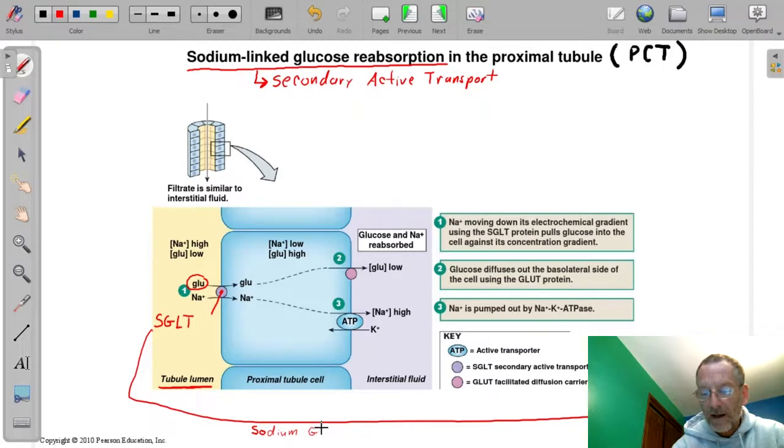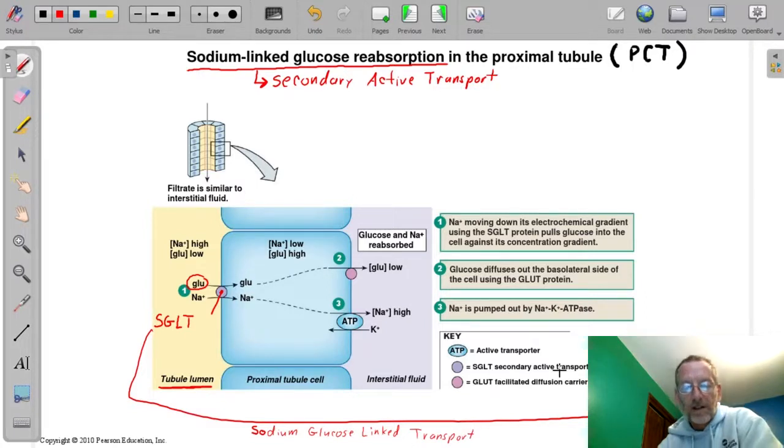Sodium, glucose, they're linked together. This is a secondary active transporter. So the glucose reabsorption is linked to the sodium.